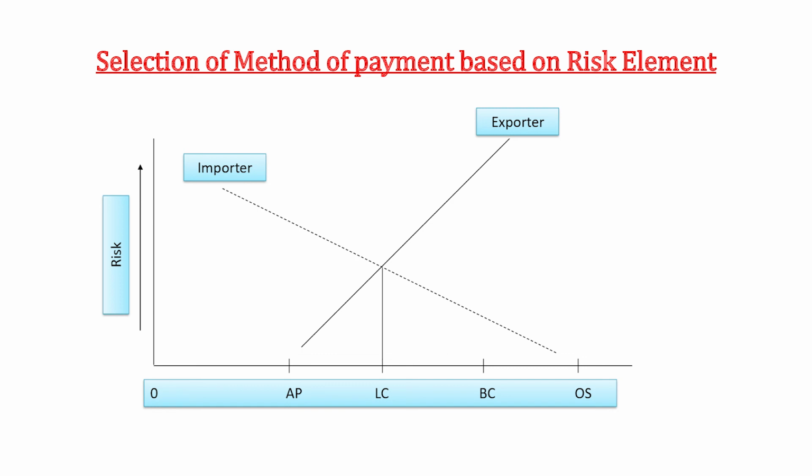Secondly, it is better to deal on document against payment terms than document against acceptance. But again, if the business requirement is such that as an exporter, to get the order you have to give credit, then there is no other alternative. Give him the document against acceptance facility, but take an ECGC policy. And secondly, get a credit limit fixed by ECGC on the foreign buyer.